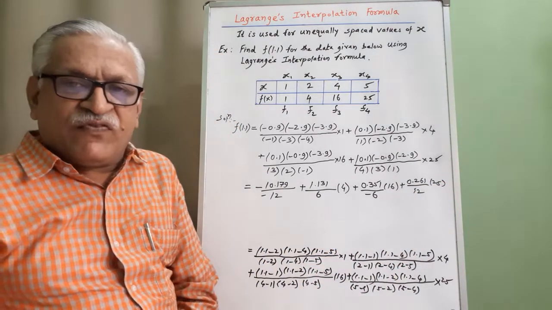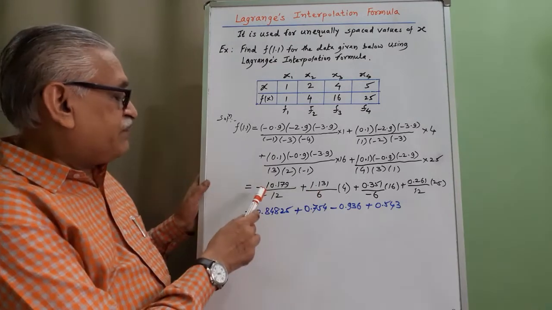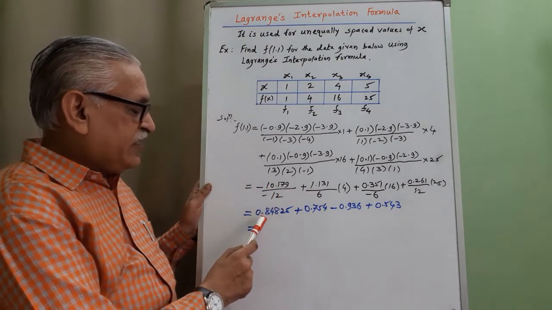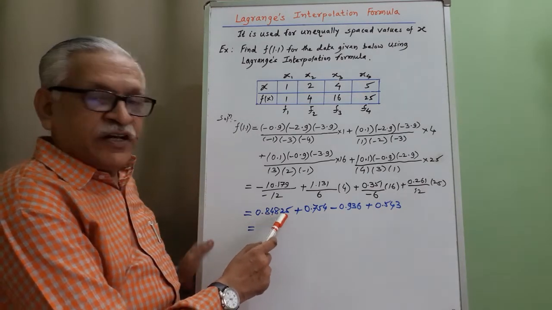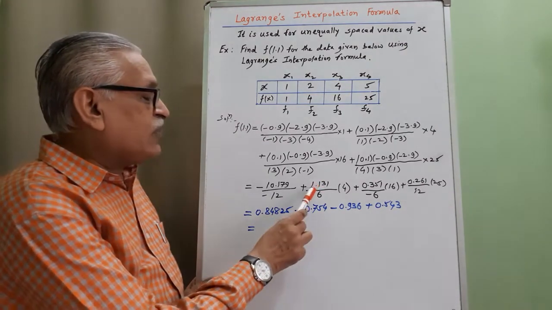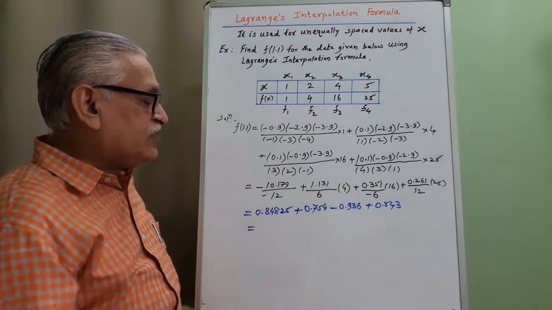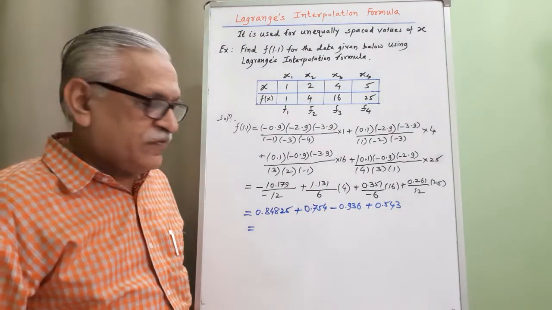Then we have to simplify it further. This is minus minus plus, 10.179 divided by 12, we are getting that value as 0.84825. Then 1.131 into 4 divided by 6, that value is 0.754.